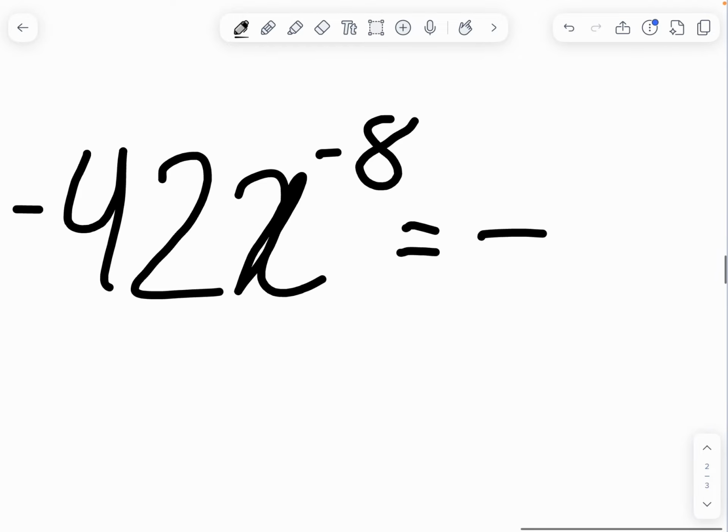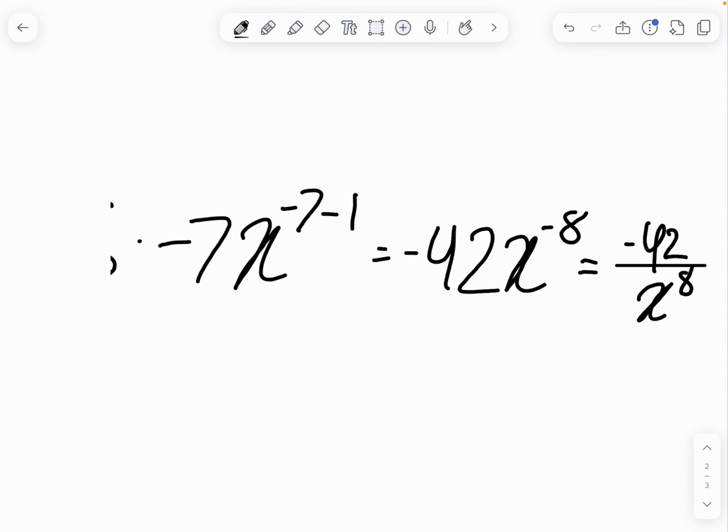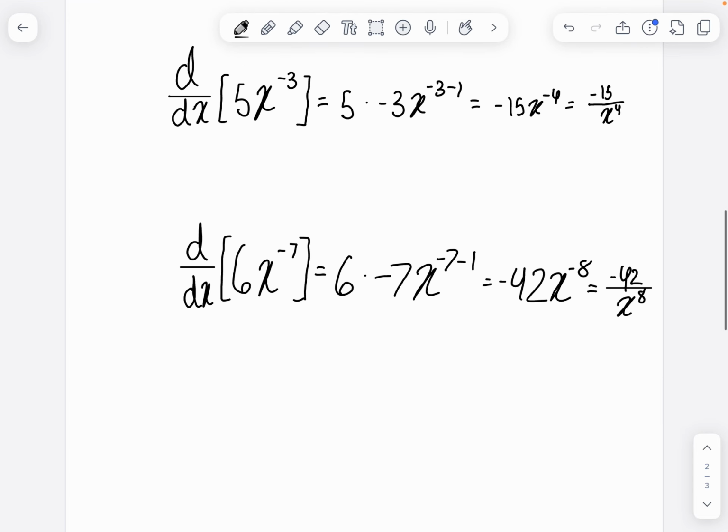And this equals -42 over x to the power of 8. Yeah, hopefully you learned how to do derivatives if it is to the power of an x.